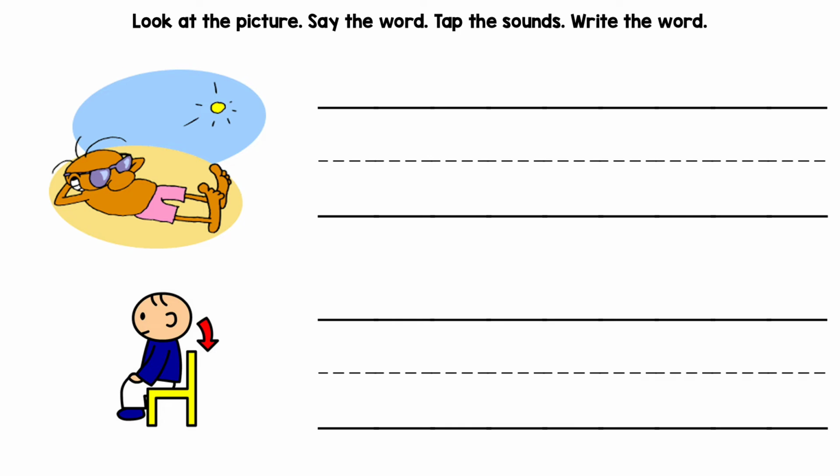The next picture is of a boy that is going to sit on a chair. The word is sit. Tap the sounds and write those sounds on the lines. If you need to push pause, you can do that until you finish writing these two words.